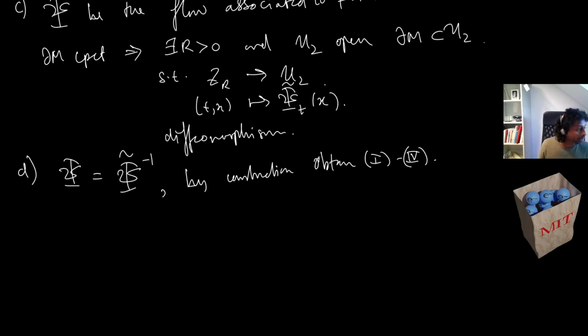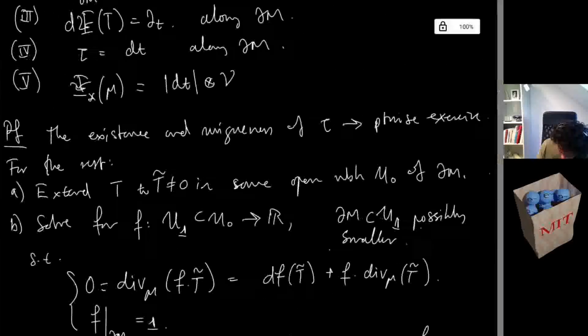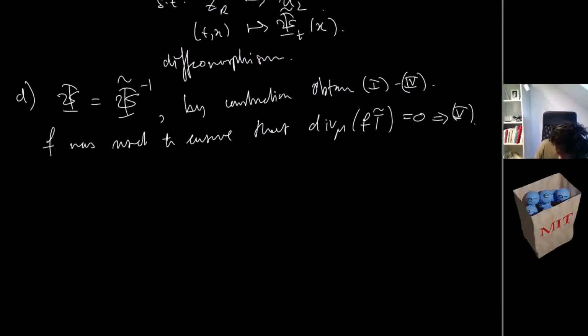So where did the F come in? F was used to ensure that div mu of F T tilde equals 0, and that's what gives rise to 5, right? That's what gives rise to the fact that the measures can be nicely equated in this way. The push forward of the measure is exactly what we want. Okay.